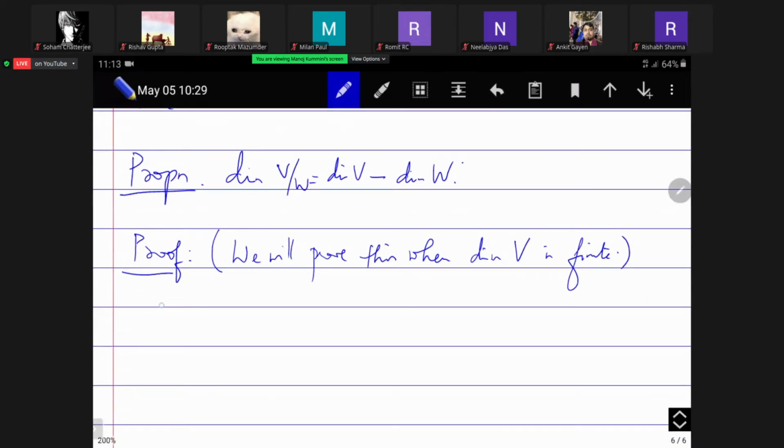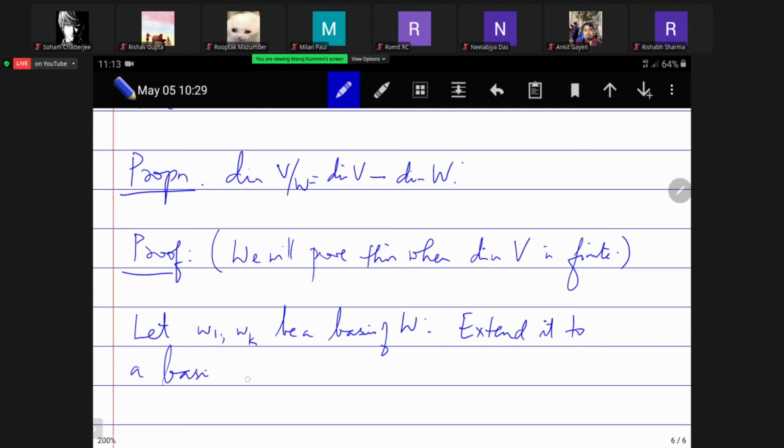So let W1 through Wk be a basis of W. Then we can extend it to a basis of V. So we start with these first k of them, and the next n minus k, which we call Vk+1 through Vn.